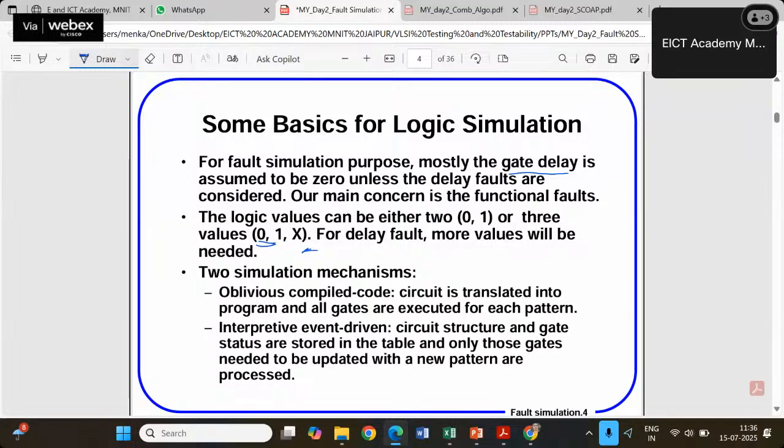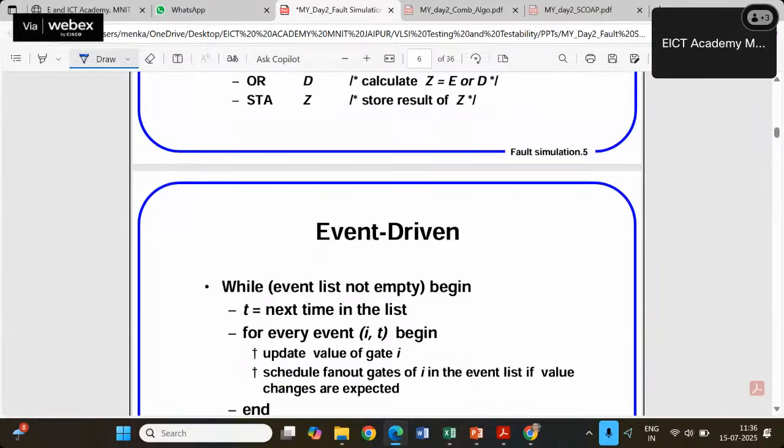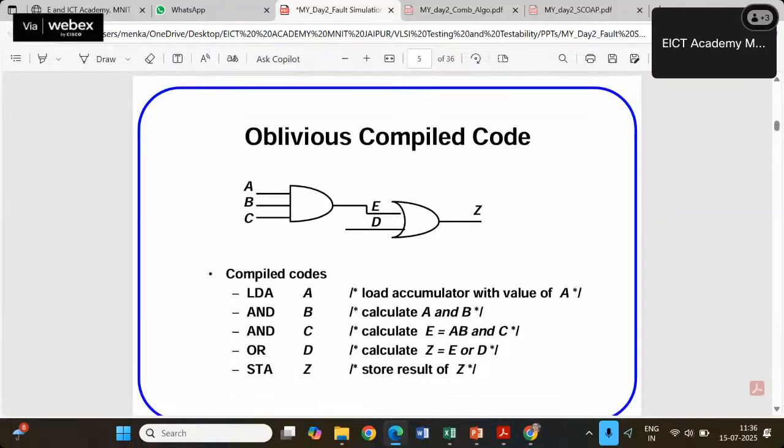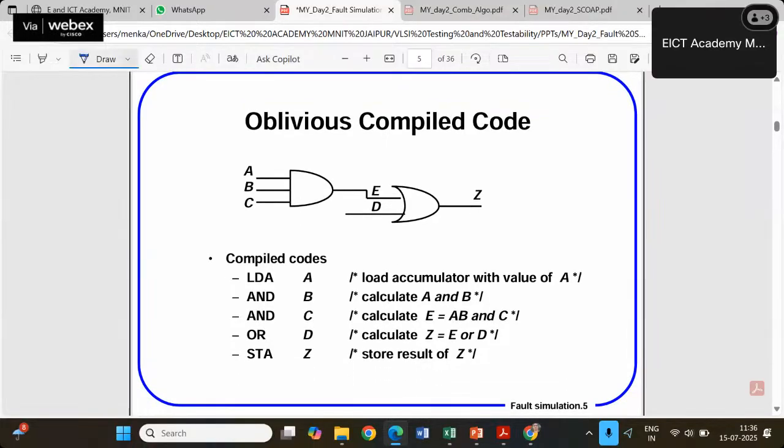There are 2 types of simulation mechanism. One is the compiled code algorithm, and another one is the interpretive event-driven one. How does it work? This one is the compiled code algorithm. Here you are going to load each and every input, each and every branch, into your program, and then you are going to figure out what your output will be corresponding to these inputs.